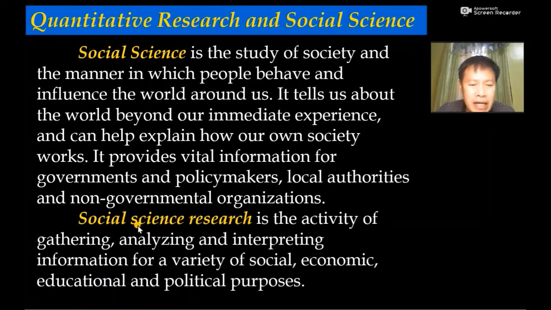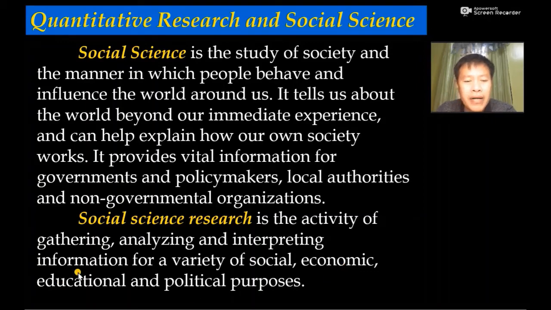And what is social science research? It is the activity of gathering, analyzing, and interpreting information for a variety of social, economic, educational, and political purposes. You can do research about the social status of the people. You can also have social science research about the economic stability of indigenous peoples.